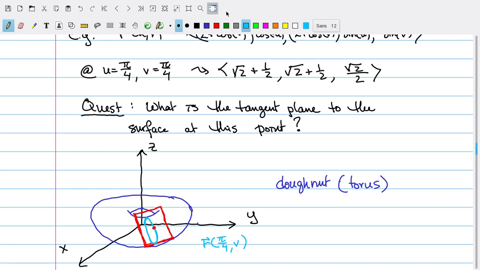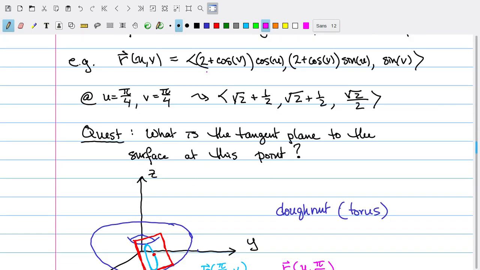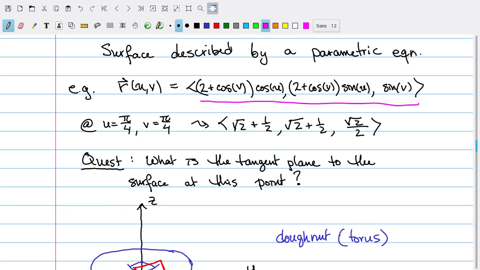It's just a one-dimensional thing. Alternatively, what I could do is I could let u vary and keep v fixed at the value that I'm interested in, and make a curve r of u, pi over 4. And in that case, if I plug that into my parametric equation up here, v is stuck at pi over 4, so in particular, the z value is fixed at root 2 over 2, but the u and the v values are changing.